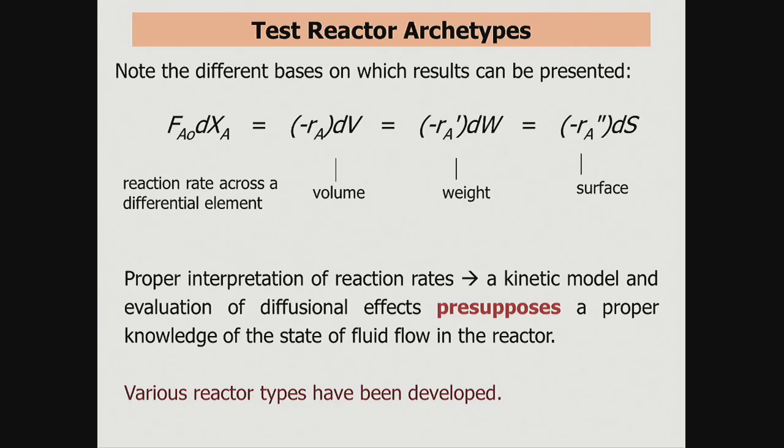Well, of course, what you're doing is you're keeping the FA naught and the dX on that side, and then you're doing it either in terms of a volume, a reacting volume, which meant it was homogeneous if you were in second year CRE2. Okay. Now we're talking about heterogeneous, so we've got a fixed powder, and that allows us then to say, well, we need a weight of catalyst. So one of the things you will have to do in design project, one of you somewhere, several of you in your group, will be asked to design the reactor system, and you will have to know how many bugs you need if it's a bioprocess, how many chunks of catalyst you need, or what kind of catalyst you need, how big a particle size, and all that sort of thing, and that comes out of the weight.